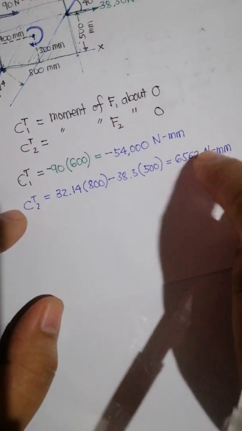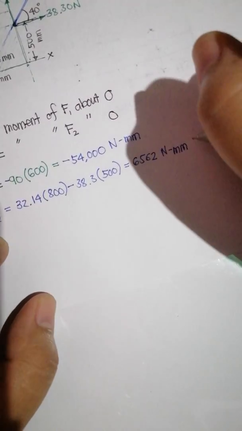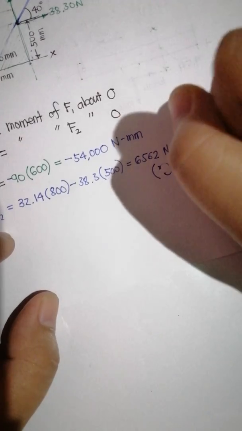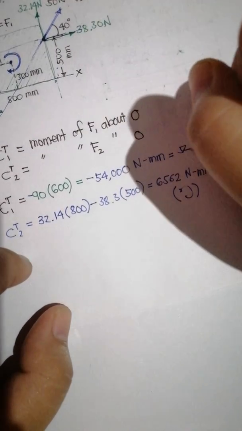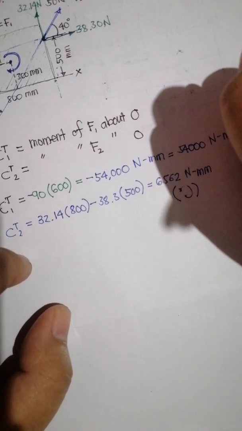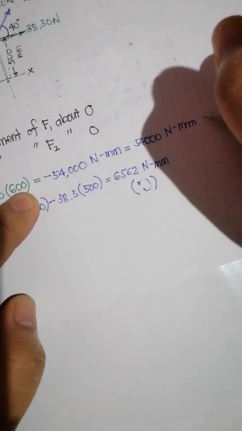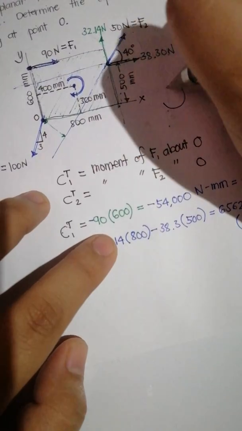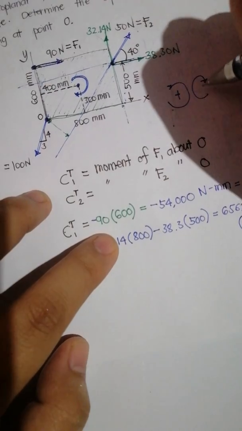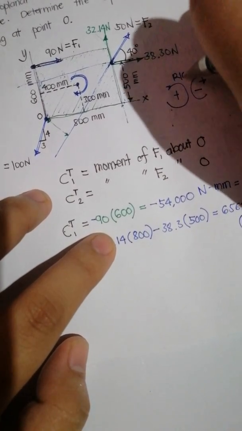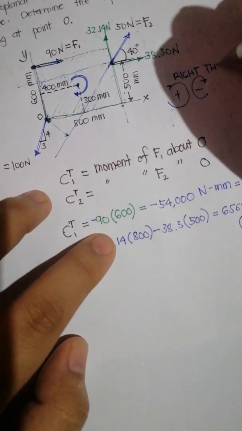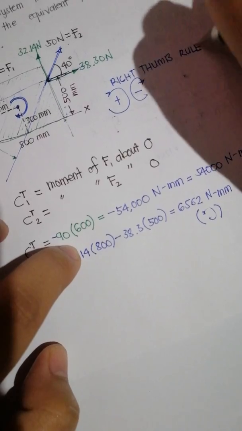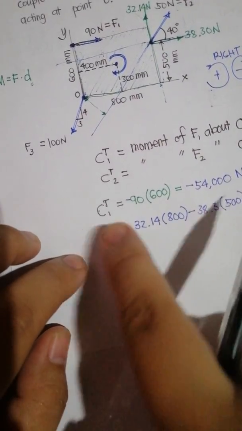Anyway, so positive. So meaning yung rotation niya ay counterclockwise. Ito naman, therefore its rotation is clockwise. Okay. So again, pag counter, positive. Pag clockwise, negative. Again, right thumb rule. Okay. Tapos na tayo sa couple of transfers.